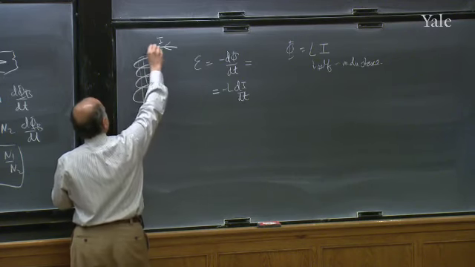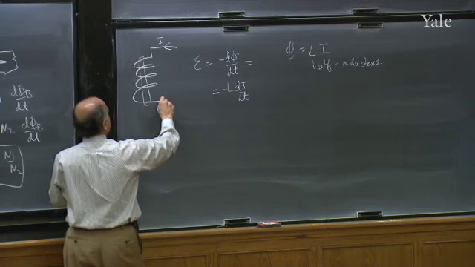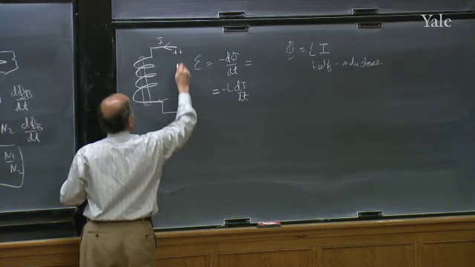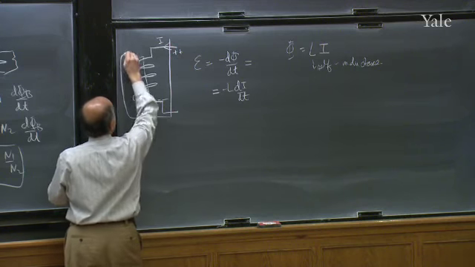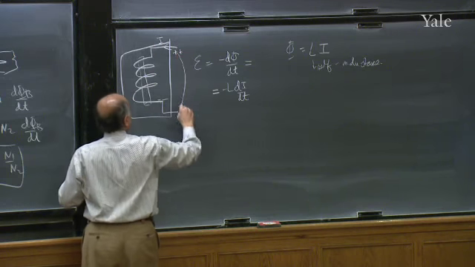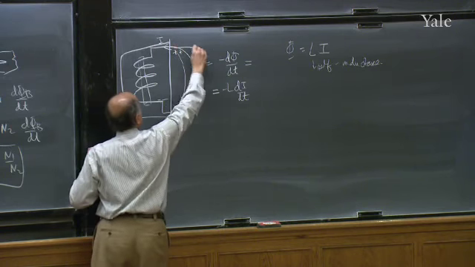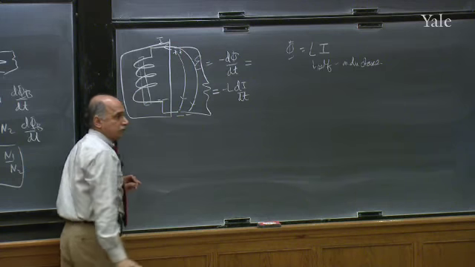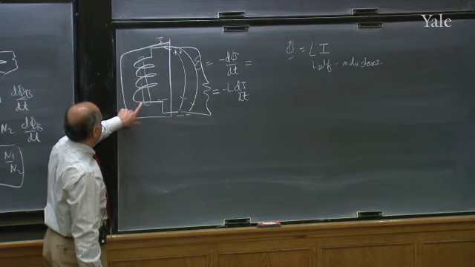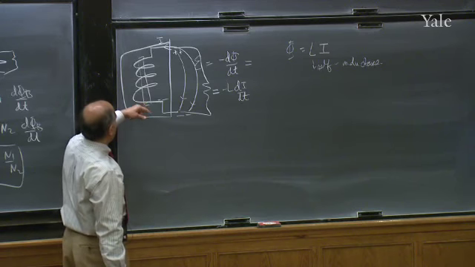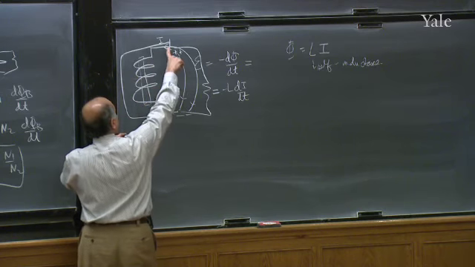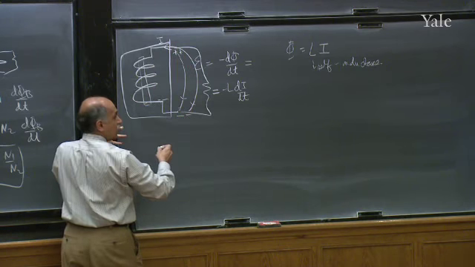It'll try to push charges that way, from this terminal to that terminal, and you'll pile up charges there. But if you don't look under the hood and just go outside, you'll have plus charges and minus charges. An electrostatic field here will be able to push them like this, maybe through a circuit. So it's the same story again and again. There is no net field inside the coil. The electromotive force is cancelled by a Coulomb force. But the Coulomb force, if it has a line integral here, will have the same line integral there because it's independent of the path.